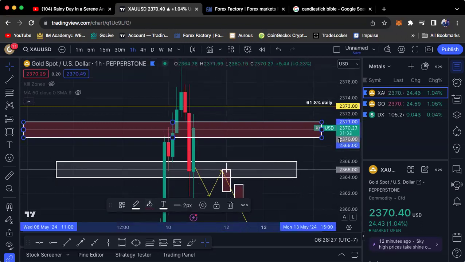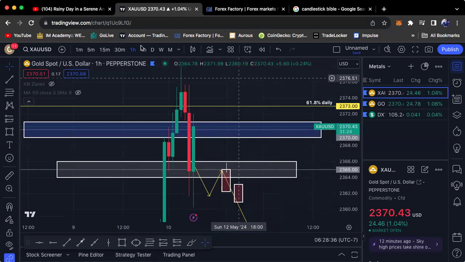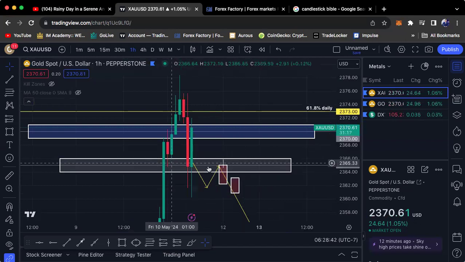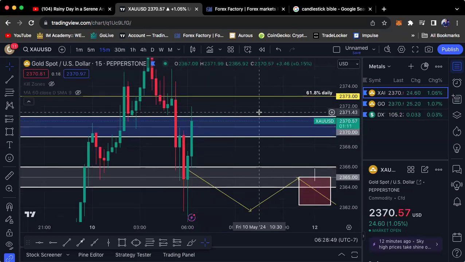So if gold goes from 2370 to 2371, that's a total of 10 pips. So I'm gonna color this blue because I have outer zones and then I have internal zones. My outer zones, the gray zones, are my hourly zones. My internal zones are like my 15-minute zones. I can go down to the 15-minute.